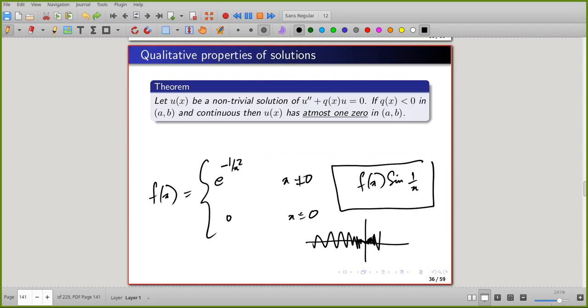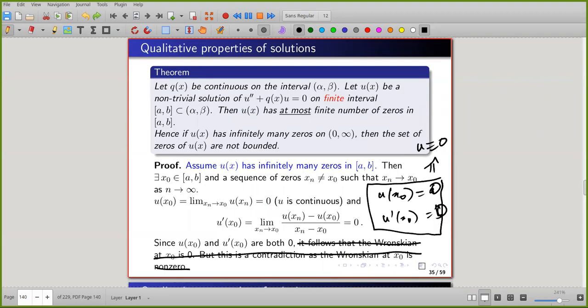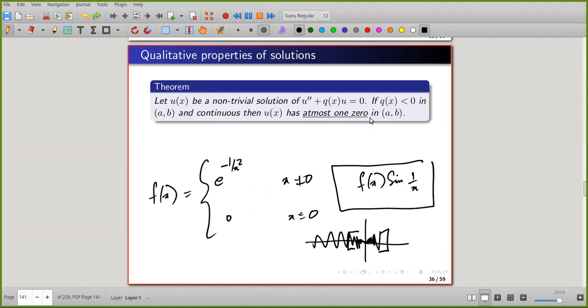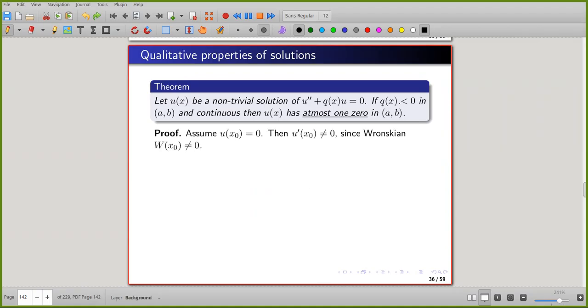So this function, in this compact interval, will have infinitely many zeros, but such horrible things cannot happen with u if u is a solution of this differential equation. That is what this theorem is saying. Okay, so let's go to the next theorem. Here, if we impose a certain condition on q of x, then we get that u of x has at most 1 zero in (a, b). So let's see how to prove this.